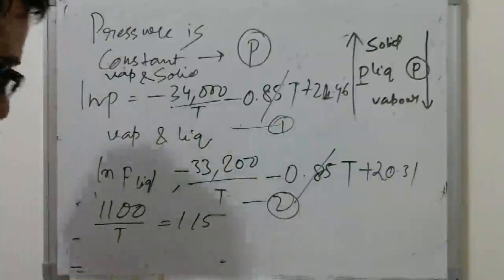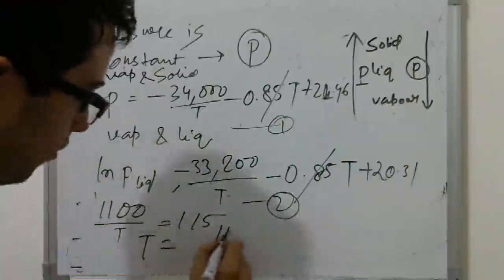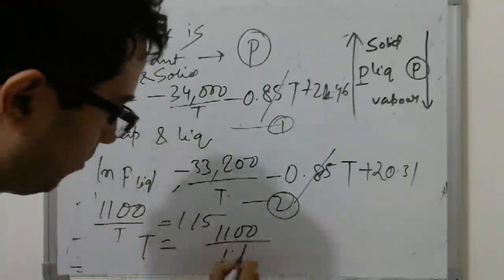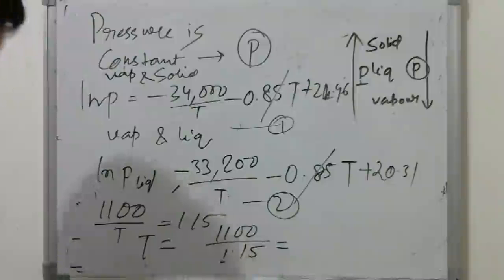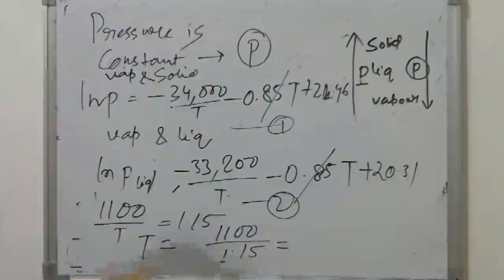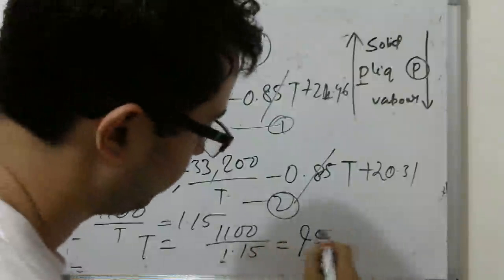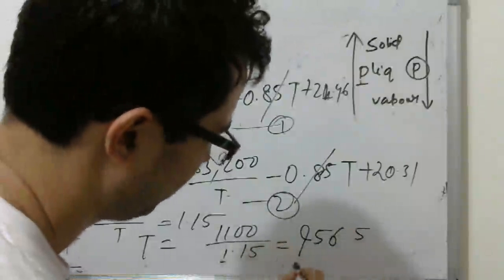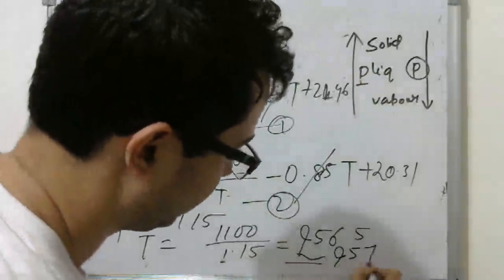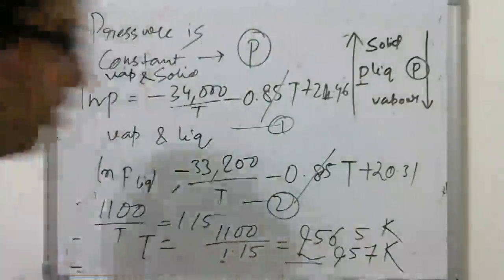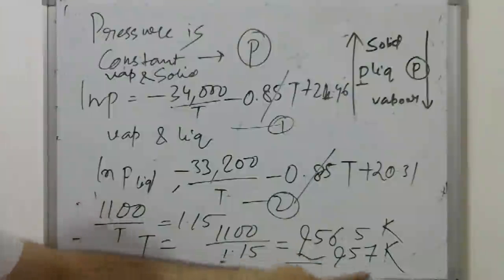If you solve for T, you get 1100 by 1.15, and the answer will be 956.5, which is almost 957 K. So 957 K is your answer.